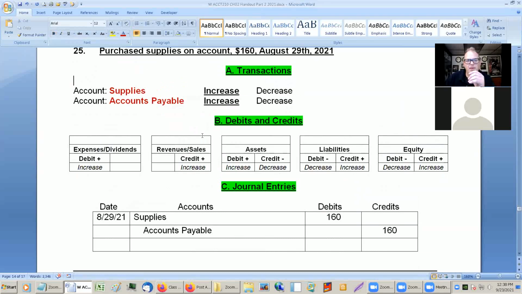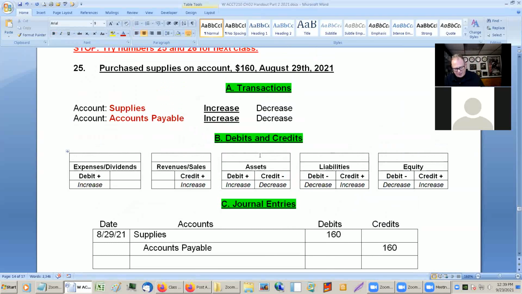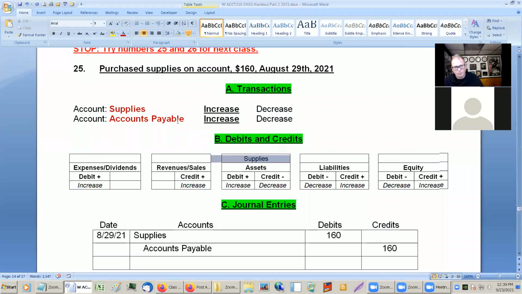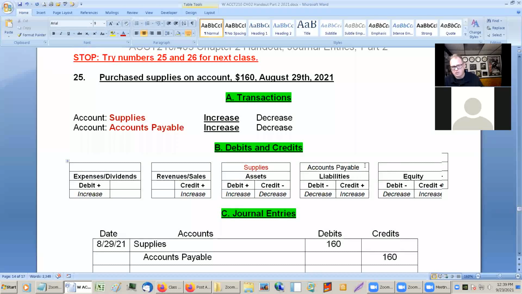Okay. And so supplies be the asset. And accounts payable, liability.